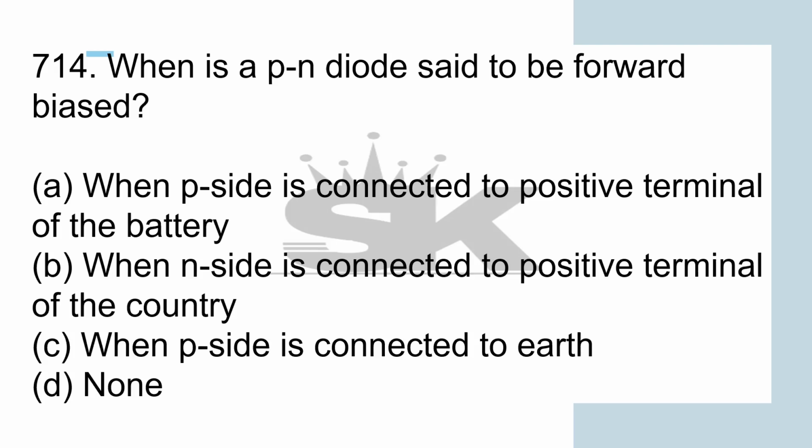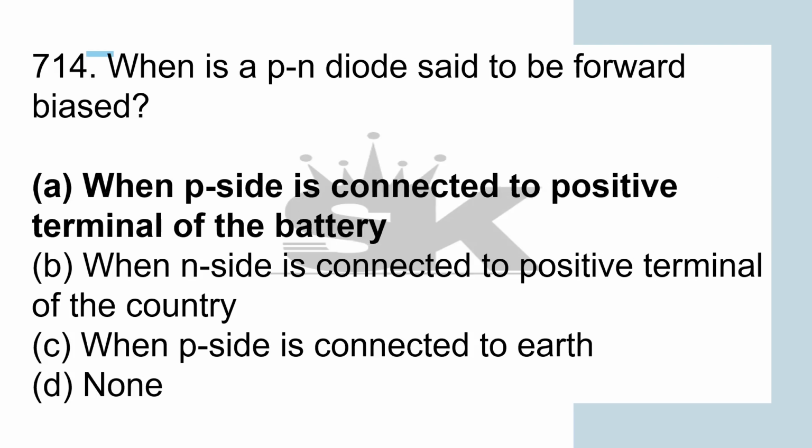When the diode is forward biased, the depletion region narrows and consequently the potential barrier is lowered. Okay, so here the answer is when the P side is connected to the positive terminal of the battery. That is option A.